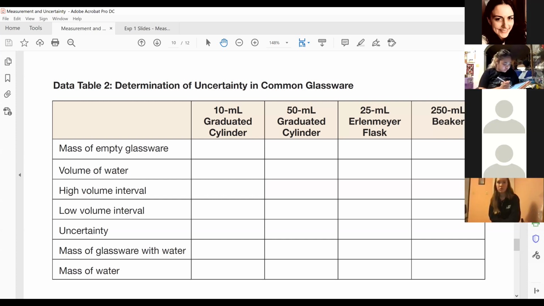Is that going to be the total mass that's registered on our scale, or is it going to be the difference? The mass of water will be the difference. So you'll take the mass of glassware with water and subtract it from the mass of empty glassware at the top.